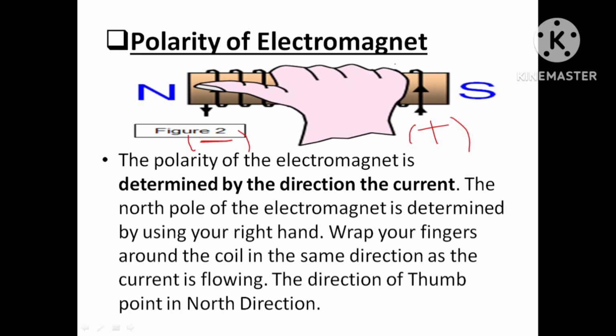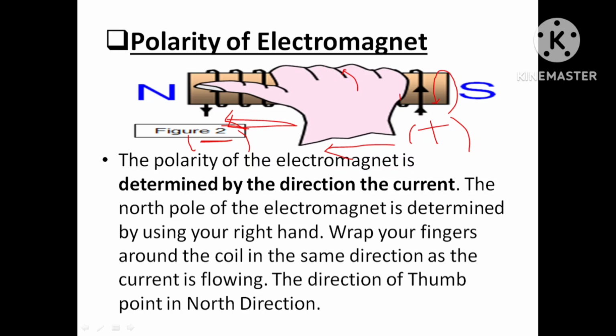The current will flow from positive to negative. As the current flows, by using the Maxwell corkscrew rule or the right hand thumb rule, you can know the polarity. You put your thumb in the direction where the current is going, and your grip will be in this direction, so the magnetic field will be in this direction.